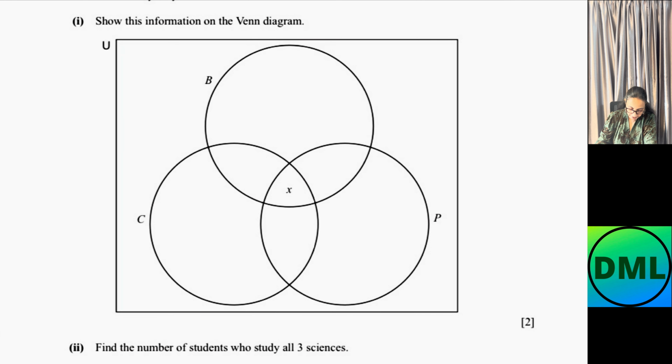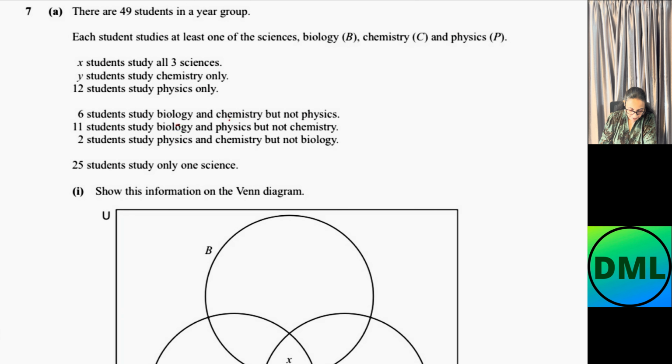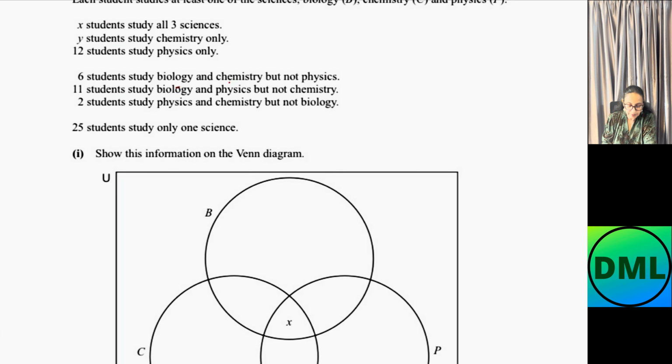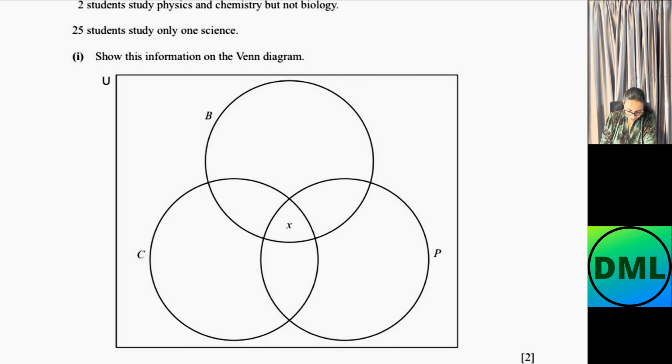This is our diagram. I need to fill all this information into this diagram. C is chemistry, B is biology and P is physics. Let's fill all the numbers here. X students study all three sciences, so X is here. Y students study chemistry only, so Y will come here.